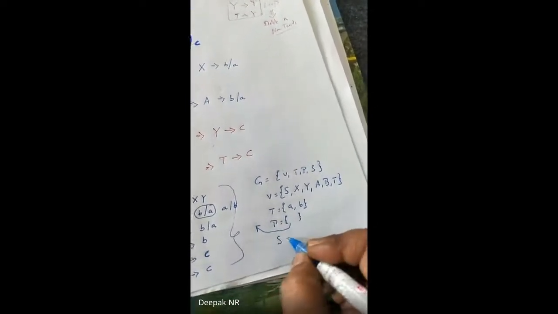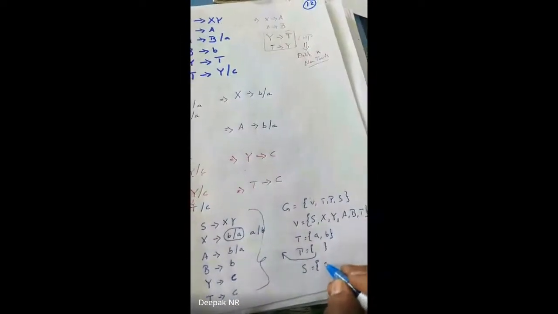And my start state S remains the same, so I write S. Is that clear? This is what we call removing a unit production.